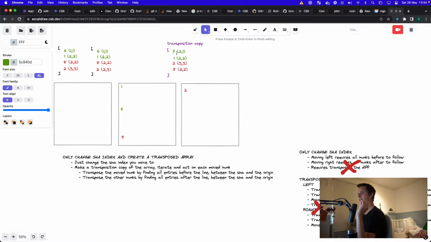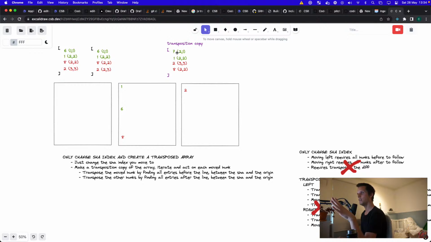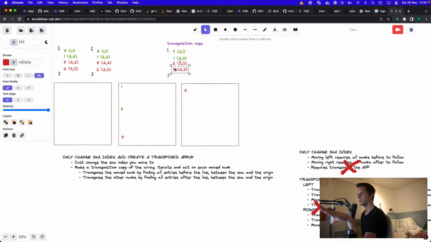Yeah, I think this is not the best way to express it, but anyways, in this case, it would mean we have a line after line 6 on SHA-2, which is 8. And since this is an addition, this removal doesn't happen on line 8 anymore. It actually happens.